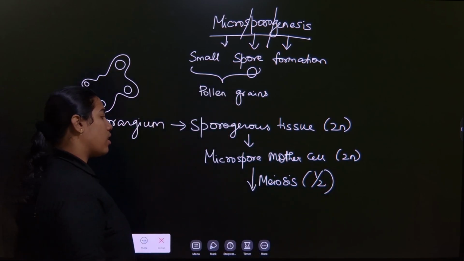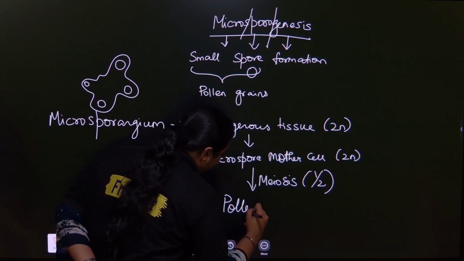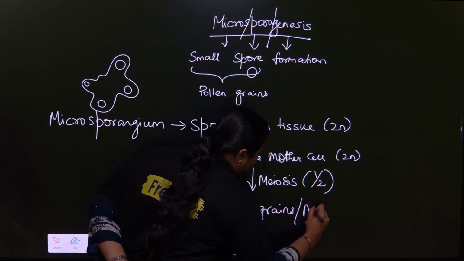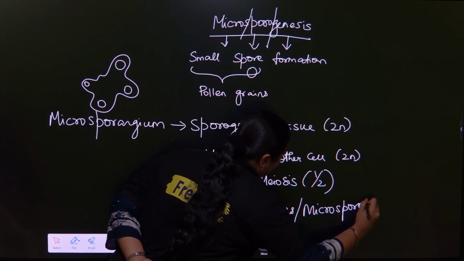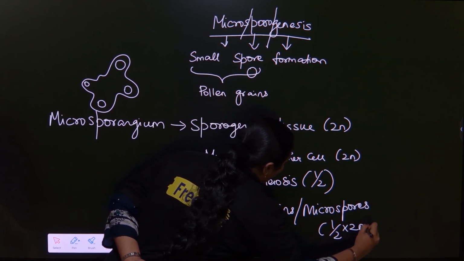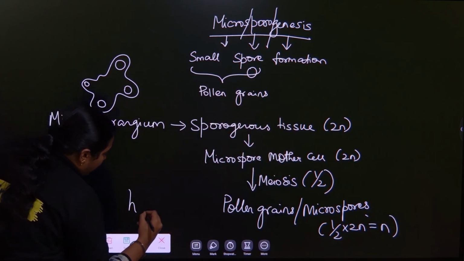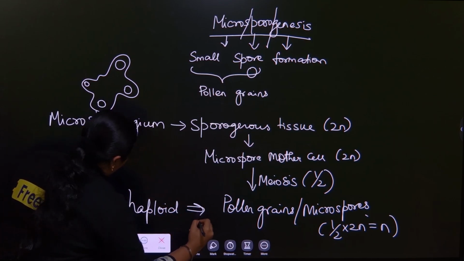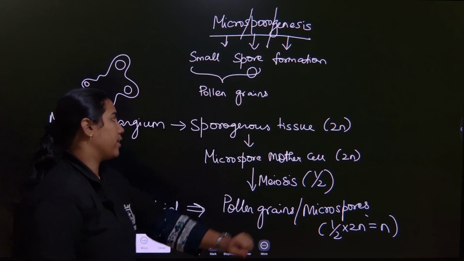So microspore mother cells give rise to pollen grains, and these pollen grains or microspores are all half of 2n, which is basically n. So what do we call them? Haploid pollen grains. Am I right? We call them haploid pollen grains.